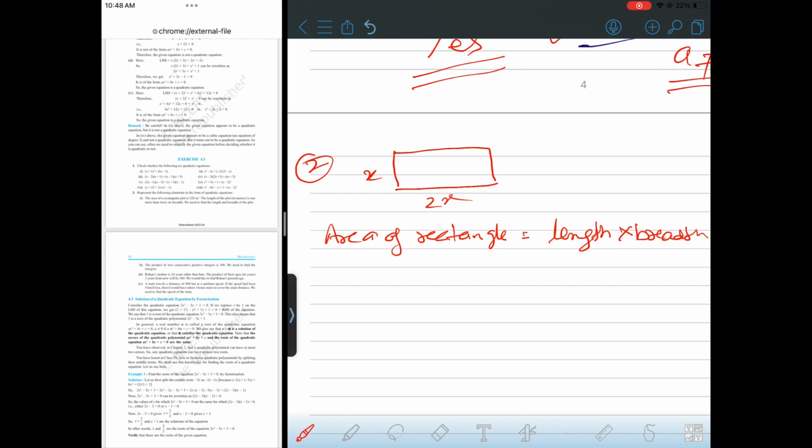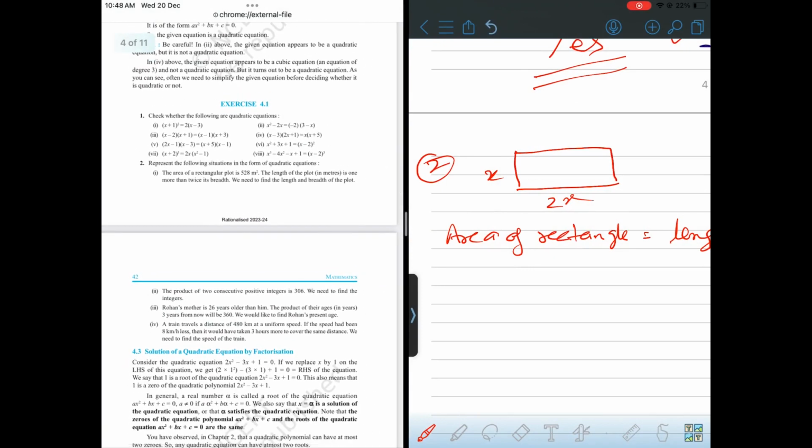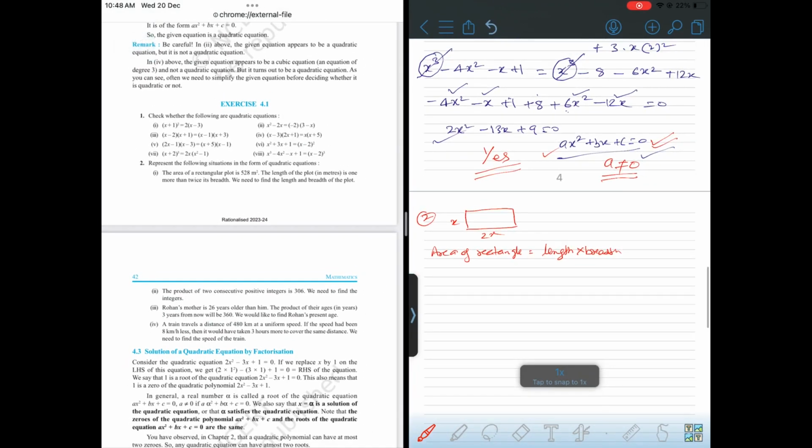So the area is given as 528 meters square. So what we can do, we can put here 528. Then length is how much? Length is 2x and the breadth is x, right? So we multiply this. So it becomes 528 is equal to 2x square.